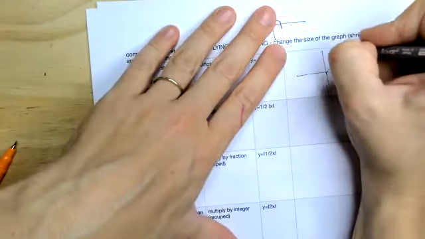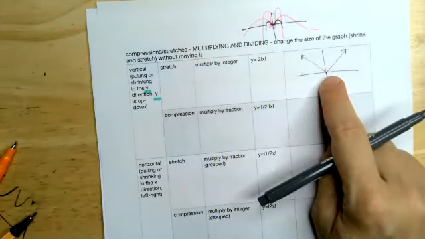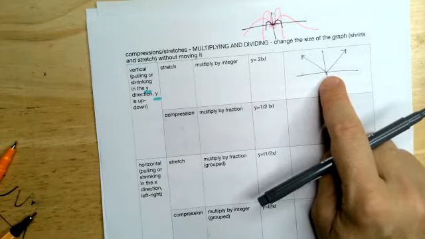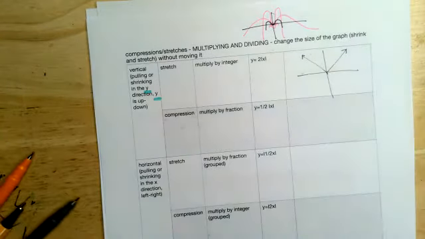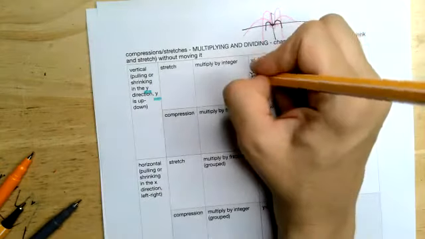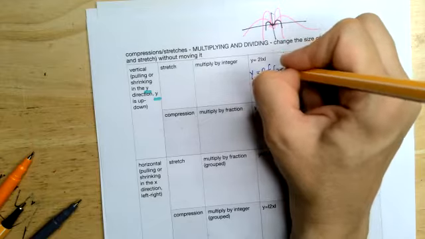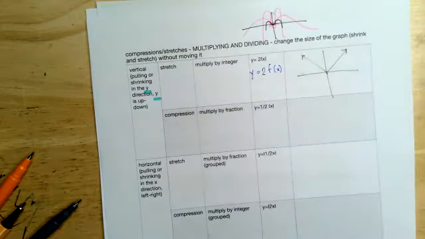You don't have to draw this every time. Here's my y equals the absolute value of x, but y equals 2 absolute value of x means what I've done is I've said y equals 2 times f of x. Good.